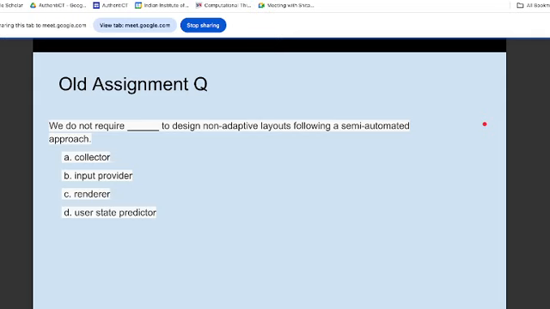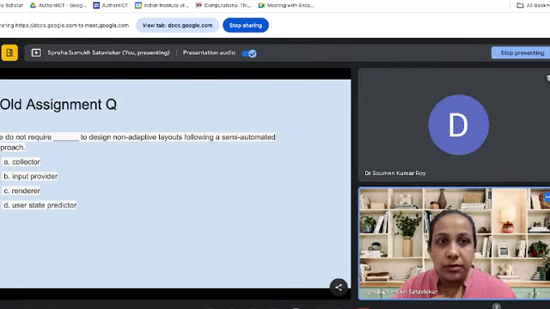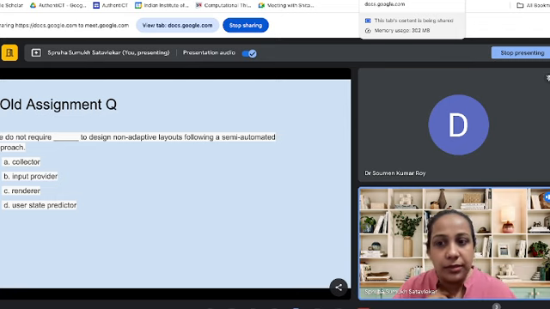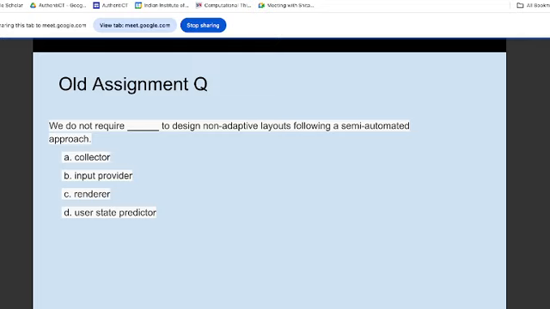We do not require DASH to design non-adaptive layouts following a semi-automated approach. B, input provider. Very good. Irrespective of whether it is semi-automated or automated, the answer will still remain input provider because it is non-adaptive.